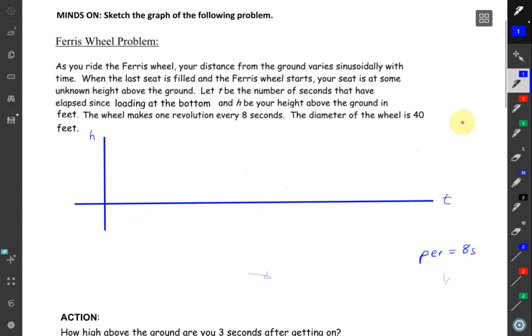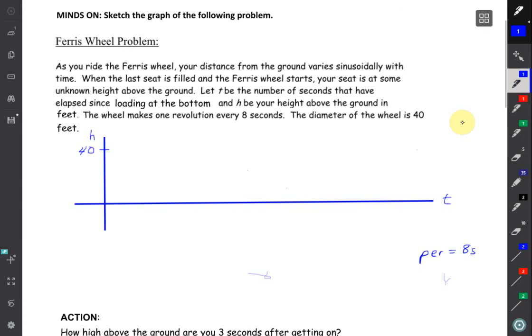If that's the case, then our maximum is going to be 40. Now there are some problems like this with Ferris wheels where they talk about the bottom being somewhat above the ground, which is probably more realistic because the seat actually wouldn't go right down to the ground where this person is sitting, but we're going to just accept that at this point.